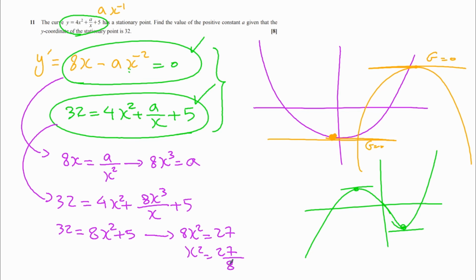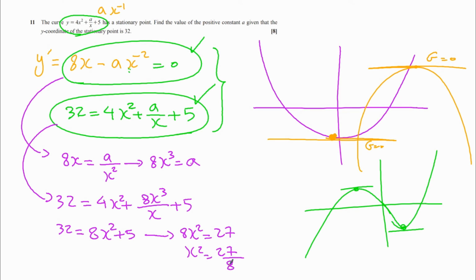So I'm going to have a quick check here. If x squared equals 27 over 8, then a is 8 times x cubed. How can we find x cubed?